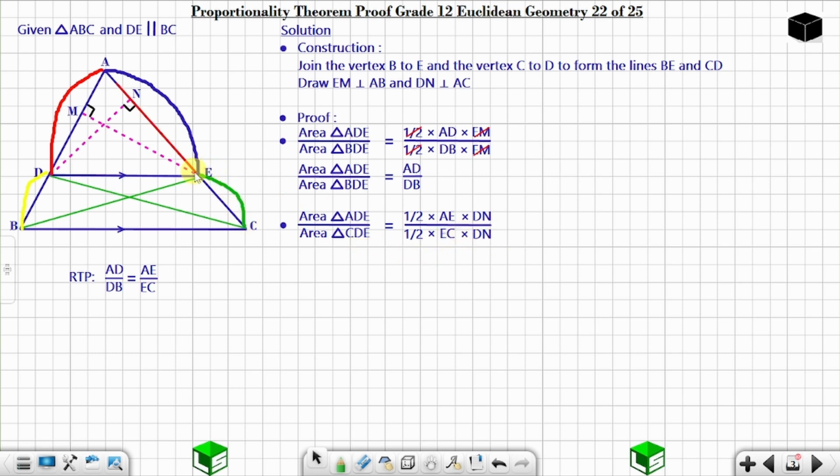If you extend EC, you are going to have DN as the height, because DN is perpendicular to the base AC. So you can cancel, and you have AE over EC. Now let me show you.